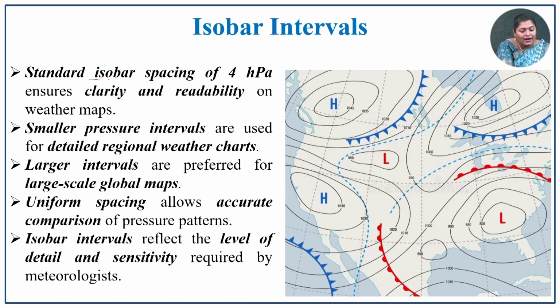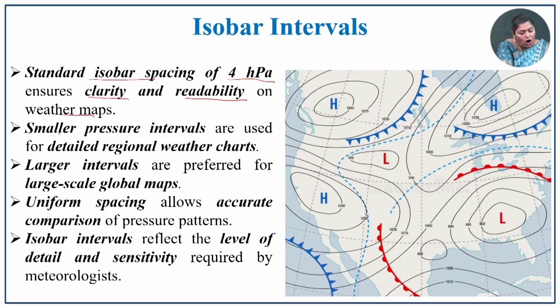Isobar intervals: the standard isobar spacing is 4 hectopascals. 4 hectopascals ensures clarity on weather maps. So, if it is going to be a standard isobar spacing, this will be the measurement, but small pressure intervals are used for detailed regional weather charts.